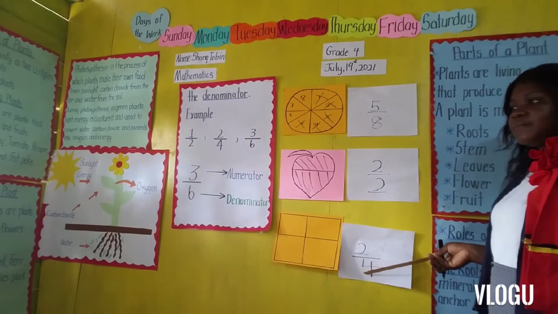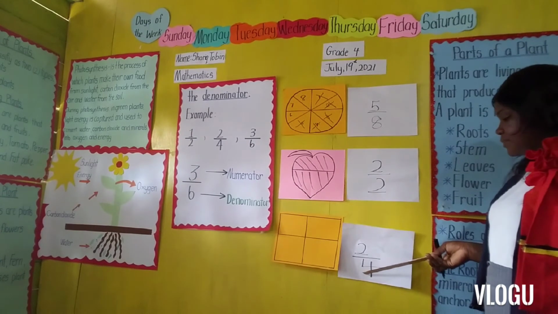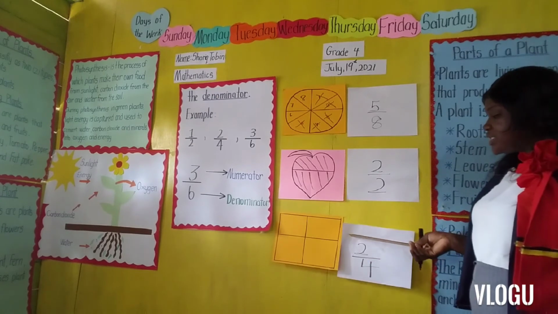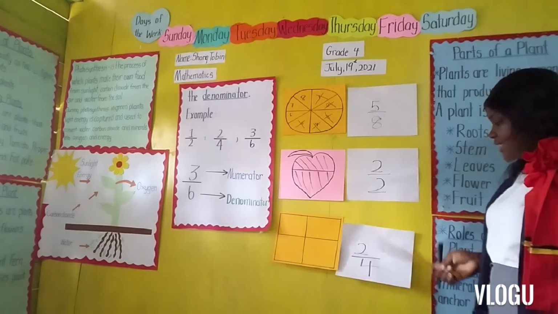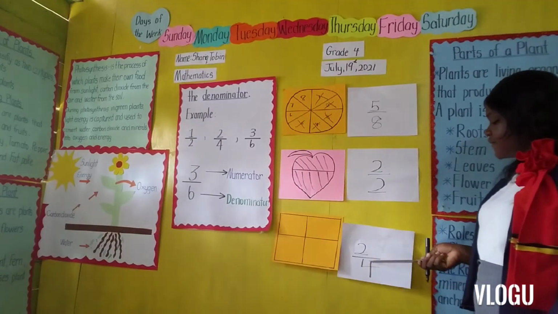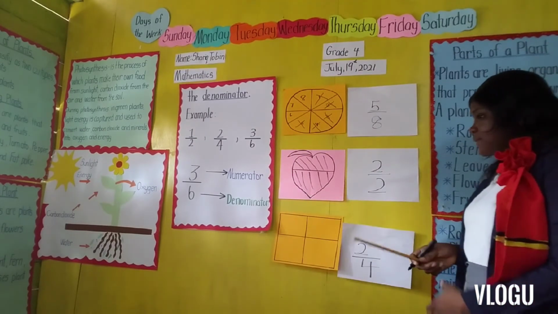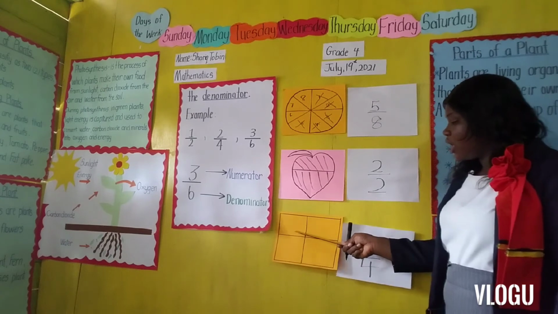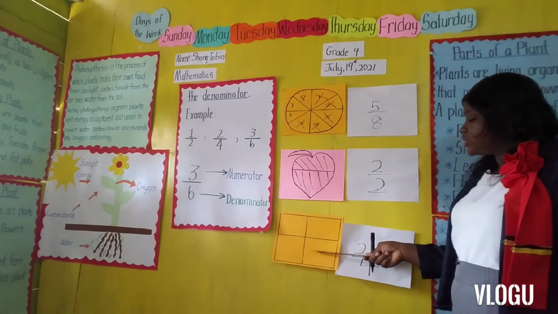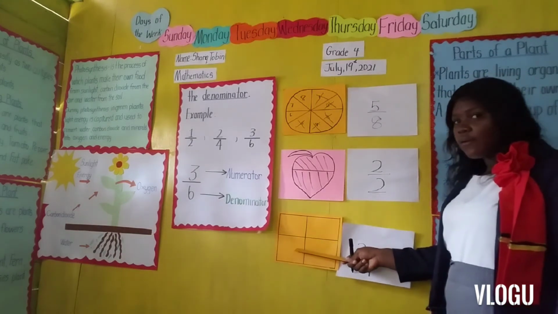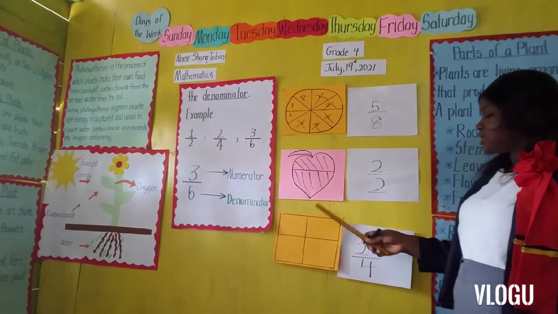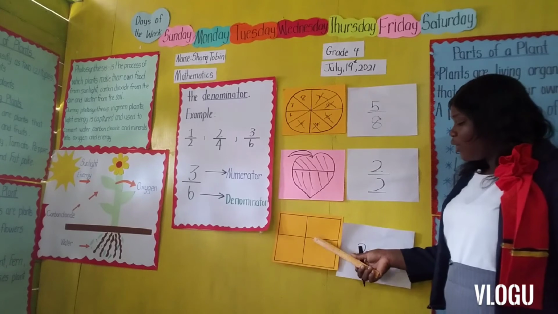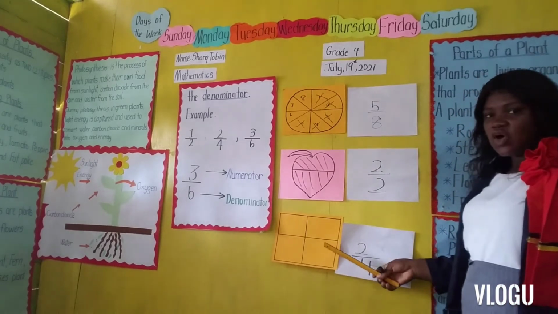Shari? Very good. The amount the whole is divided into. So let's count to see if this whole is actually divided into 4 pieces. 1, 2, 3, 4. So the denominator is 4 because the square, or the whole, is divided into 4.